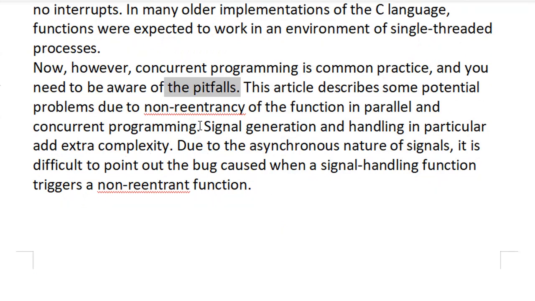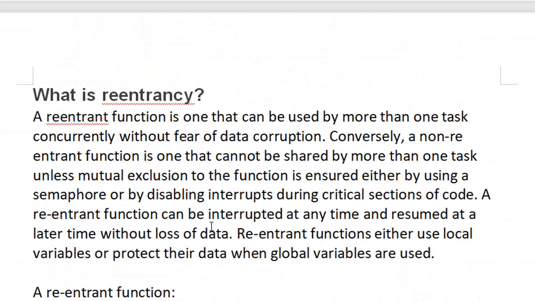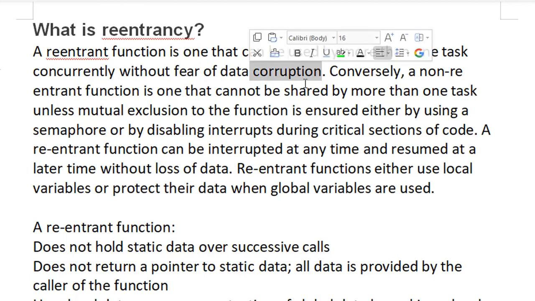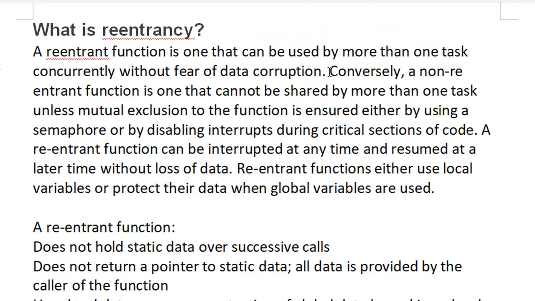Now what is reentrancy? A reentrant function is one that can be used by more than one task concurrently without fear of data corruption. So we have to take care that data is not going to be corrupted due to reentrancy.